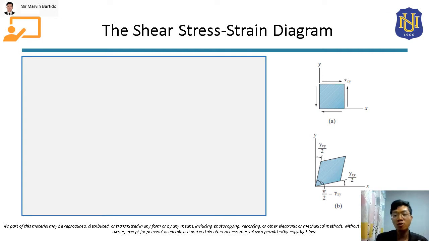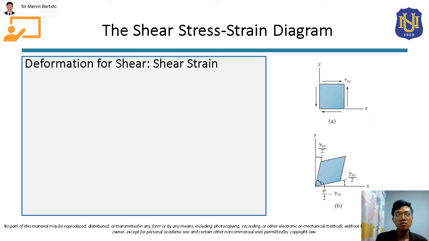Here in the deformation due to shear stresses, we compute the shear strain. If normal strain is the elongation or the contraction of a material, here shear strain is the distortion, or the change in angle, of the points in the material.